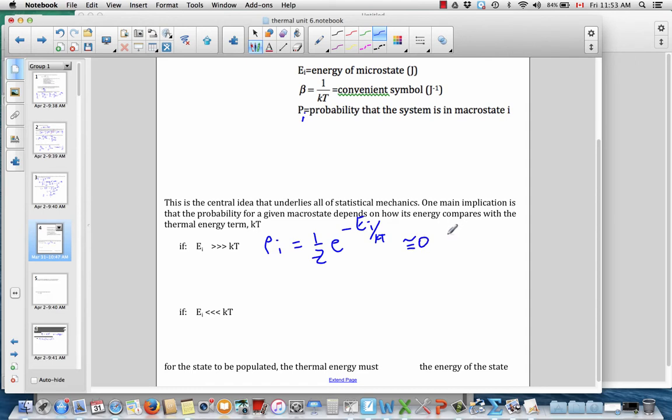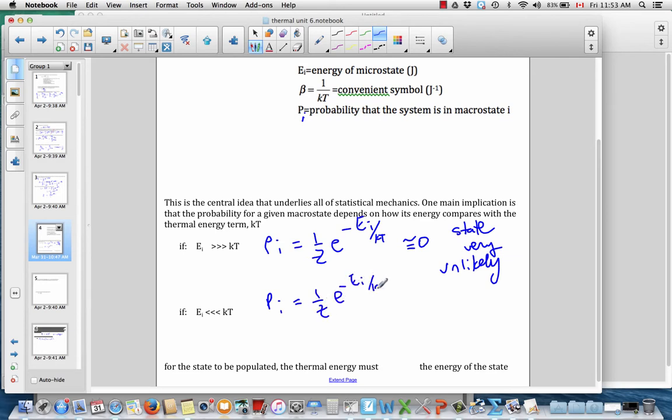So that state is unoccupied. That state is very unlikely, let's say. So we see that you have to have enough thermal energy, on the same order as the energy of the state, in order for the state to be occupied.